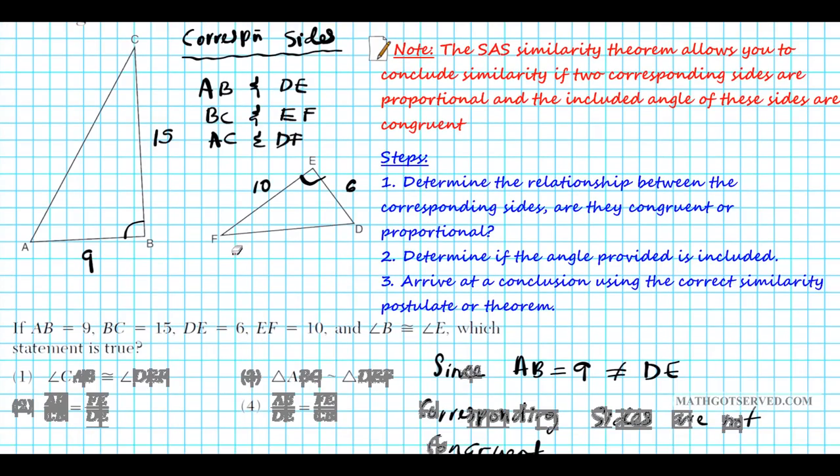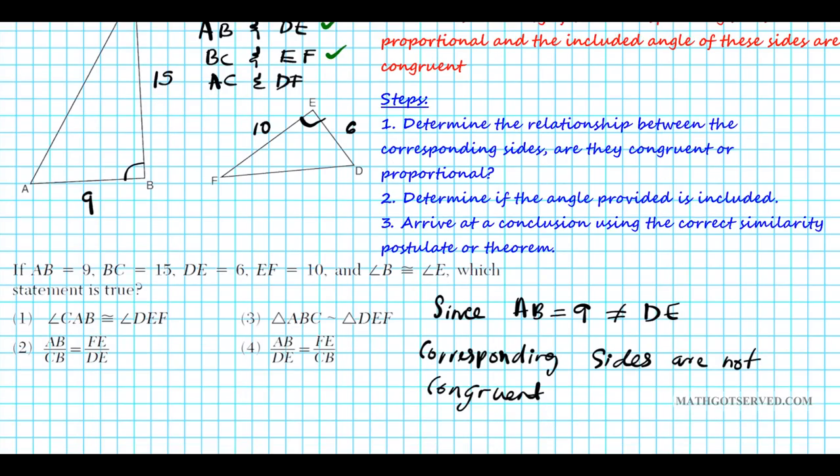Now, how about proportionality? Are corresponding sides proportional? Well, to determine that, let's use the corresponding sides we have: AB, DE, BC, and EF. So we have these four. Are they proportional? The question is, is AB over DE equal to BC over EF?